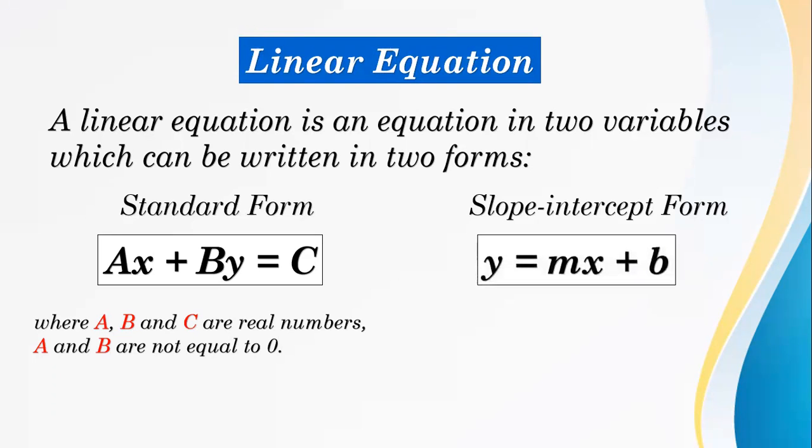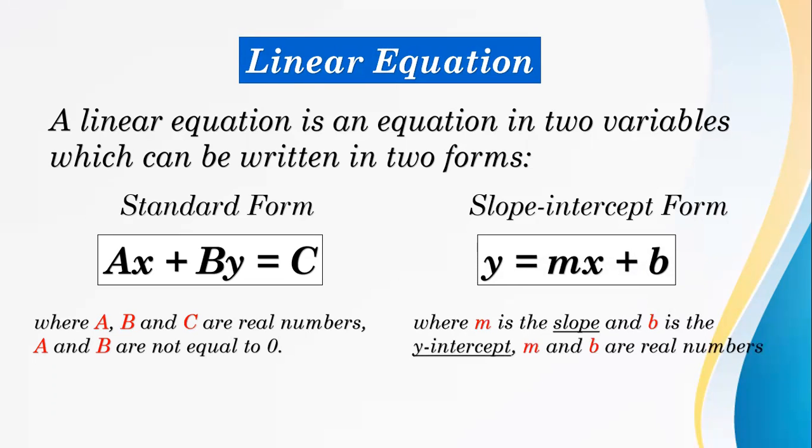While the slope-intercept form, y equals mx plus b, where m is the slope and b is the y-intercept. m and b are real numbers. So these are the two forms of linear equations in two variables, standard form and the slope-intercept form.